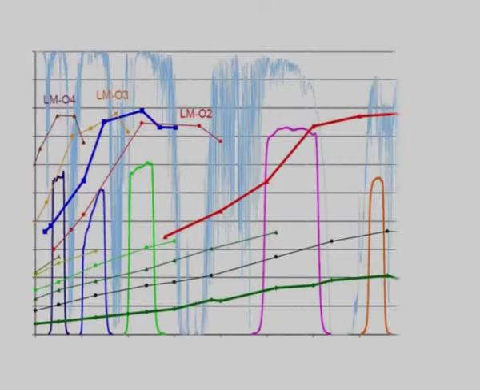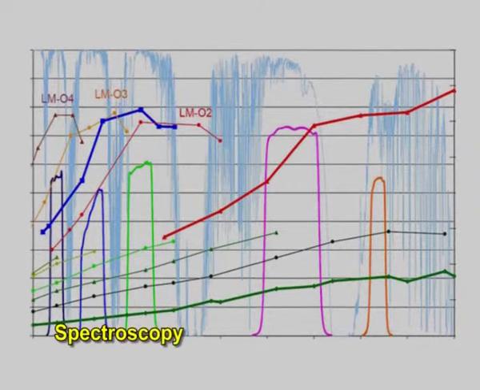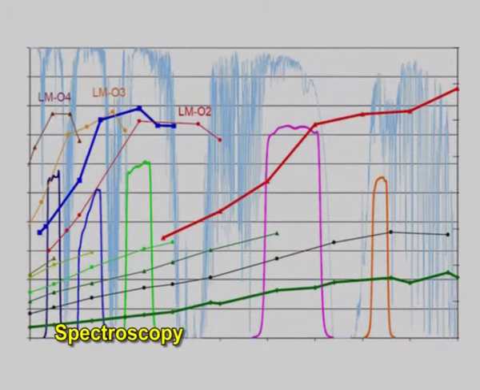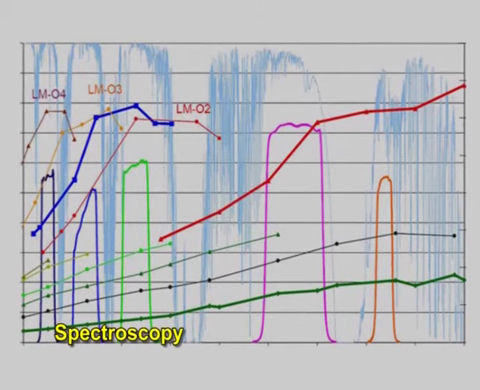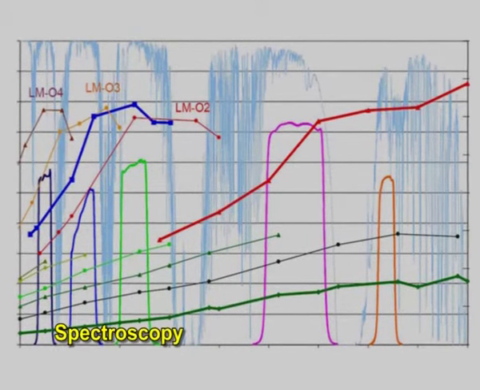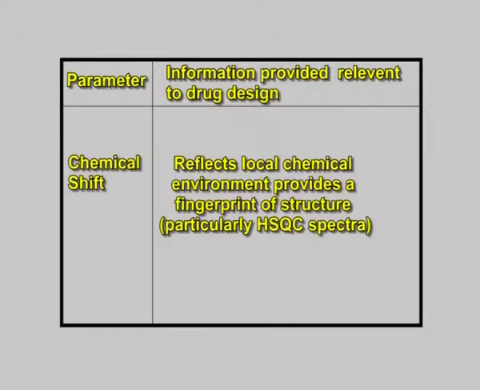NMR is unique among many forms of spectroscopy in that there are so many parameters associated with a spectrum other than just peak intensity and frequency. Many parameters are given in table number 1. First parameter, chemical shift, that reflects local chemical environment and provides a fingerprint markers of the structure, particularly in HSQC spectra.